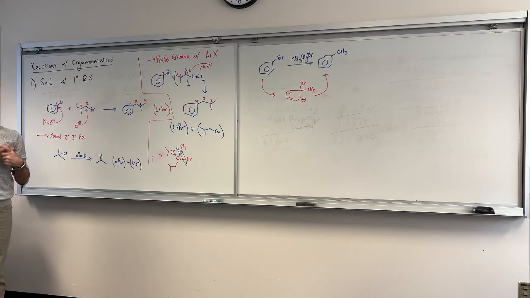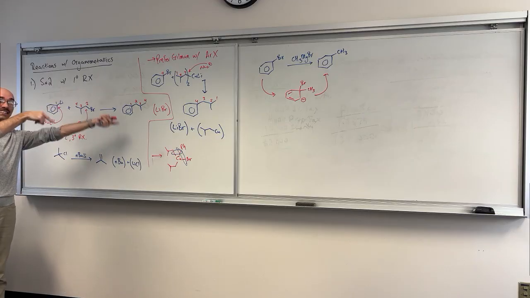It is substitution. Is it SN1, SN2, or SNAr? It's not SN1. It actually has two reagents in the rate determining step, which means that it's second order nucleophilic. So it's technically SN2, but SN2 is a very specific mechanism.